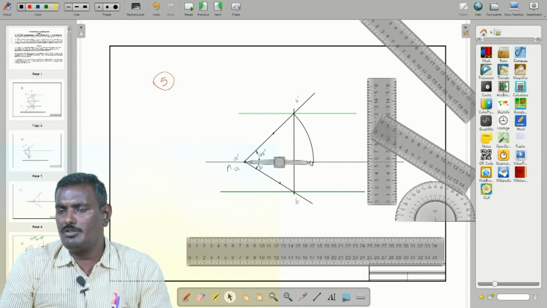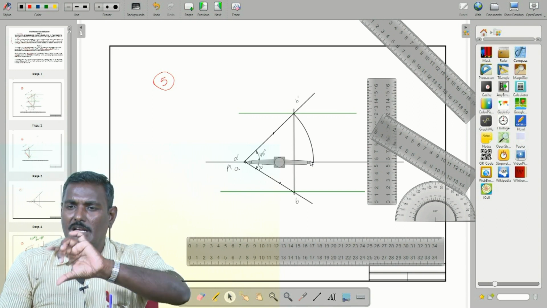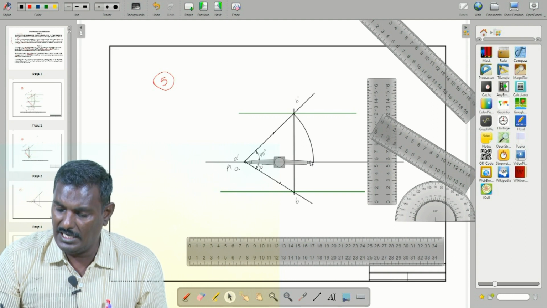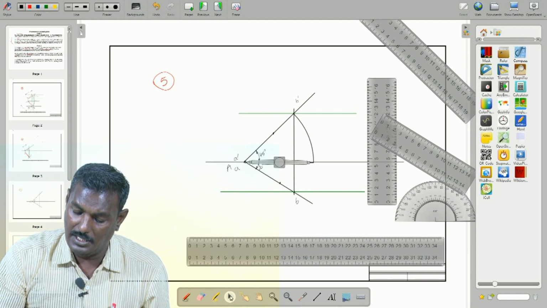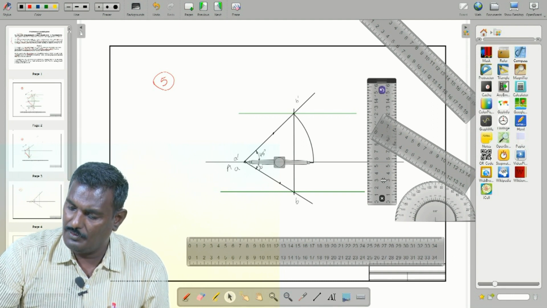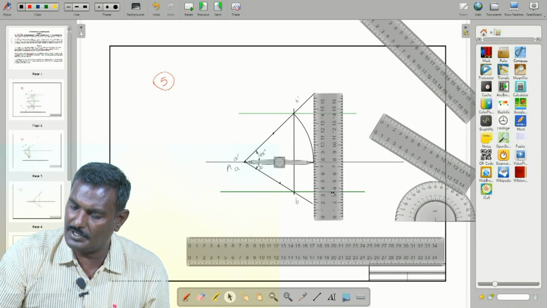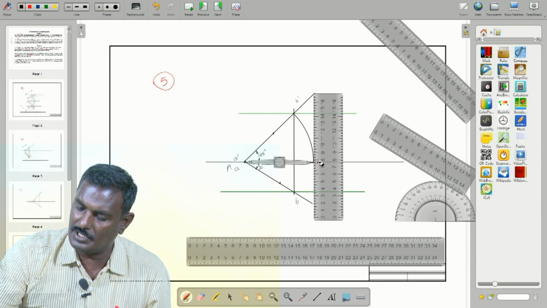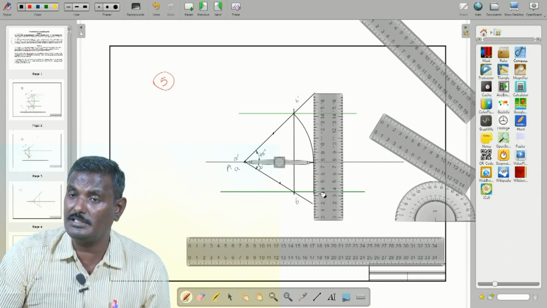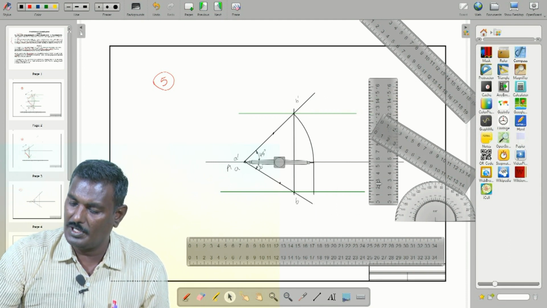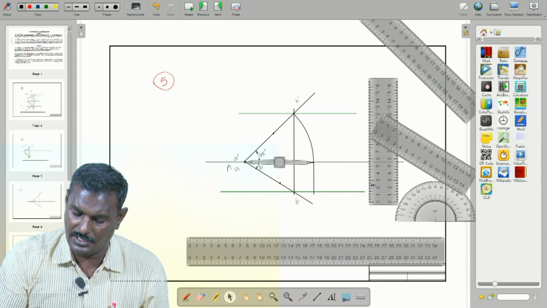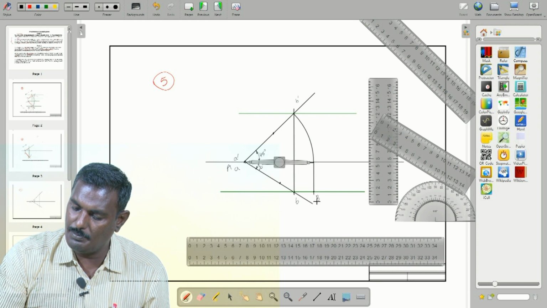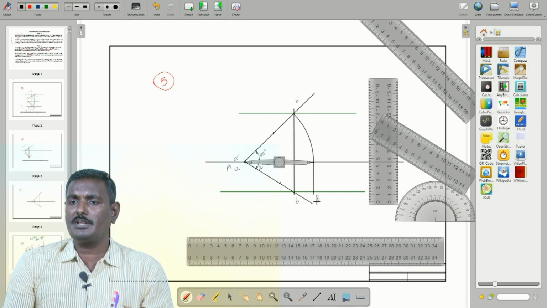Up to that you have to draw a radial line. From that radial line, draw a perpendicular line, that is a projector. That projector intersects the locus line here, that is capital B.